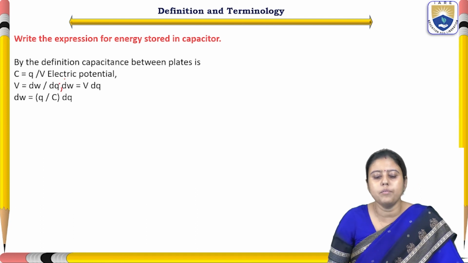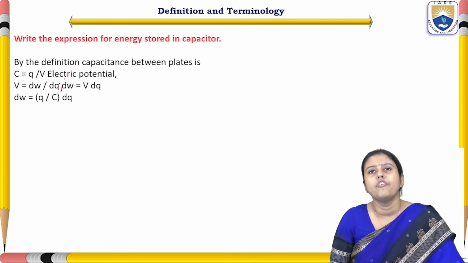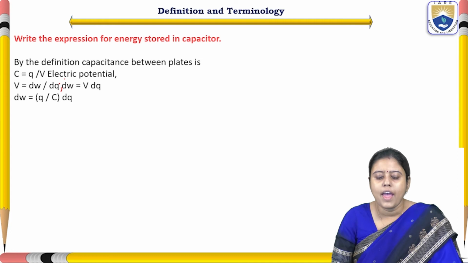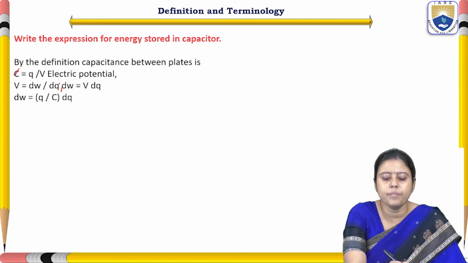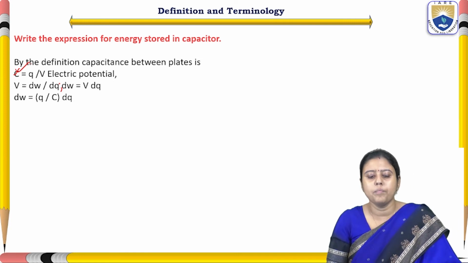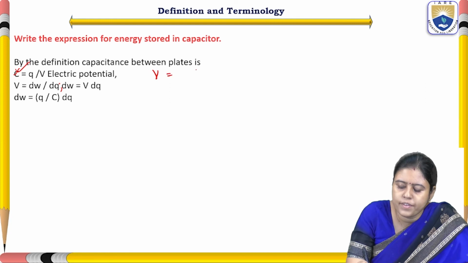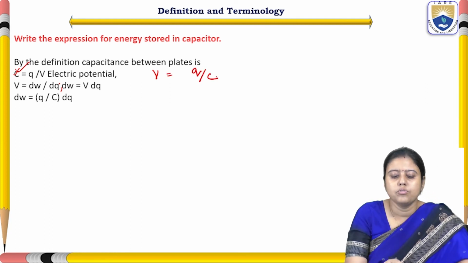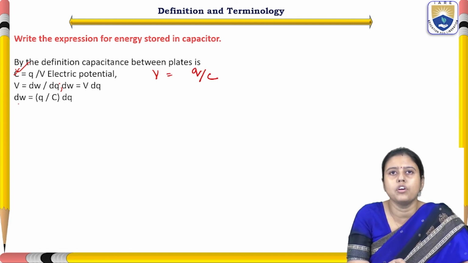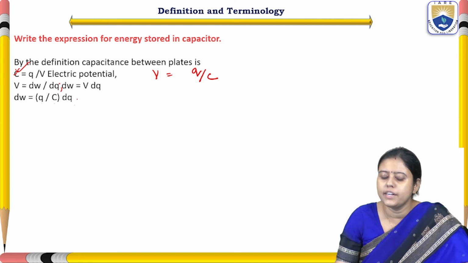So dW is equal to V into dQ, and already we got V is equal to Q by C. So if we substitute the value, we get dW is equal to Q by C into dQ.